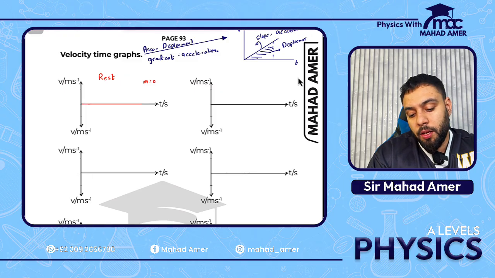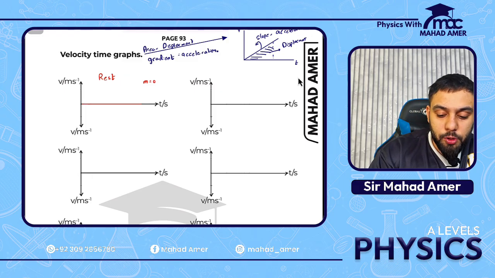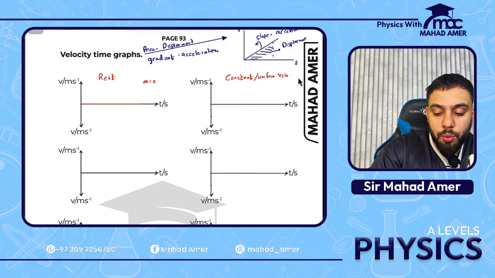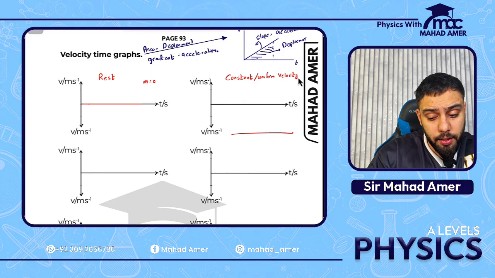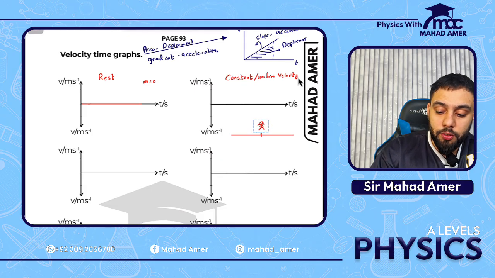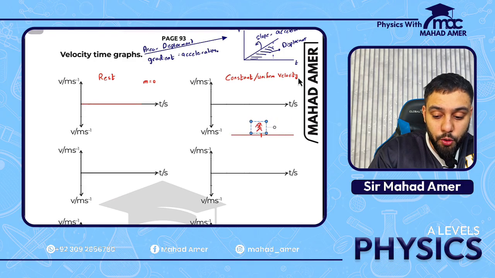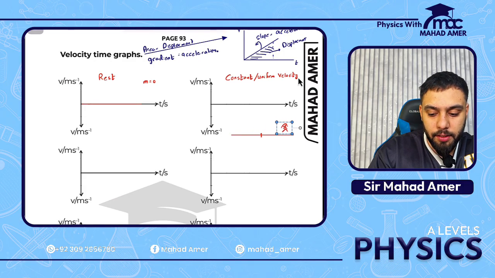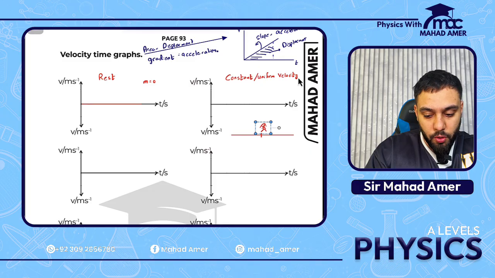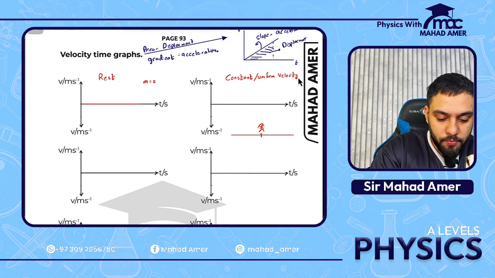Moving on. When it comes to constant velocity, or you can say uniform velocity, there are two case scenarios. For example, let's say there's an object and that object is you guys, and you are moving to the right with a constant uniform velocity. The graph is going to look something like this.